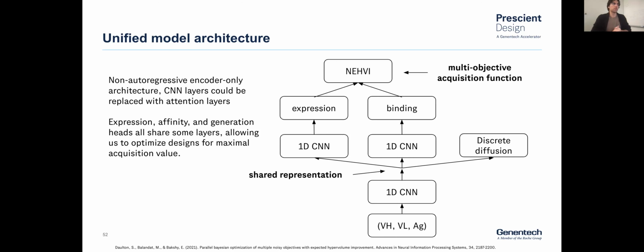One branch learns some task-specific features to predict expression. One branch learns task-specific features to predict binding. And then we have just a linear head immediately on top of the shared representations that predicts the tokens. And then the predictions from expression and binding are fed into the NEHBI acquisition function, as I just described in the past few slides.